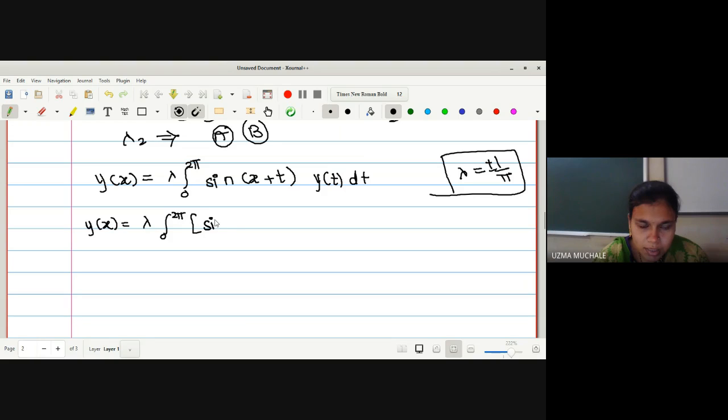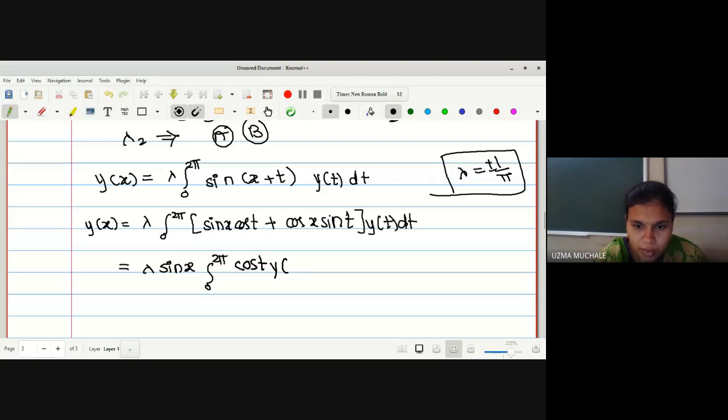Okay. What will be the resultant? Sin x cos t. We have to use the formula for sine of a plus b, plus cos x sin t, y of t dt. Okay, which is equal to lambda. If I am going to take the terms of x outside, it will be integration 0 to 2 pi cos of t y of t dt.